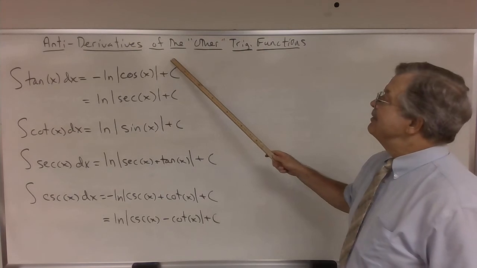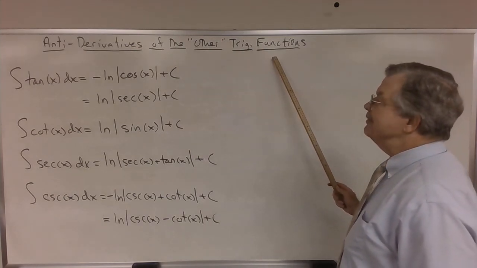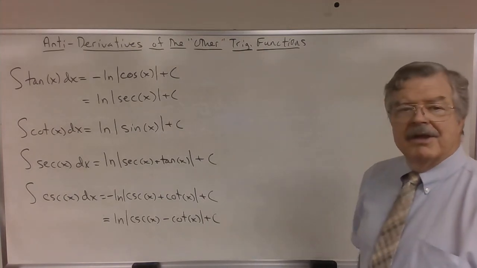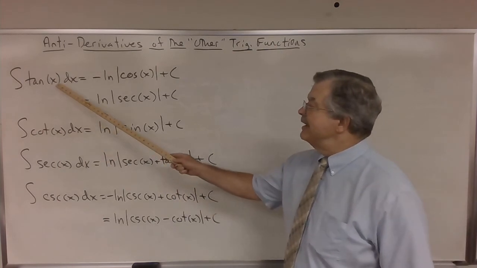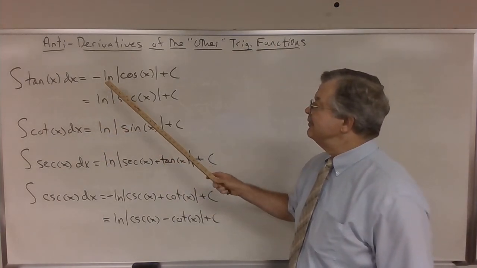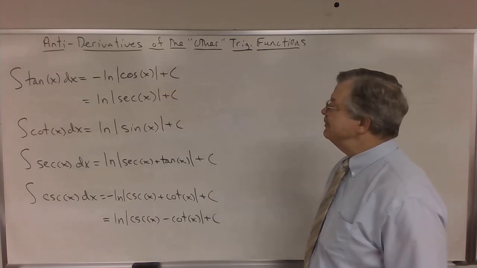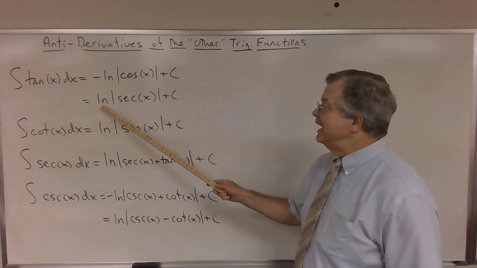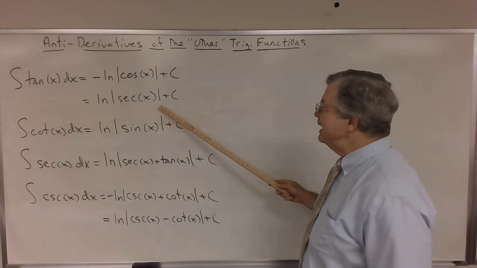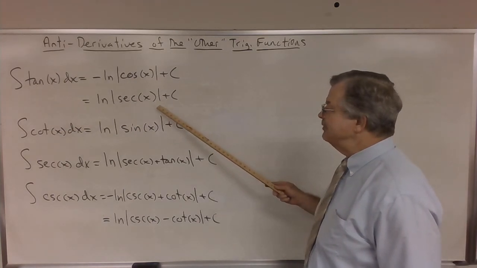Okay, the antiderivatives of the other trig functions. We just found out that the antiderivative of tangent x is negative natural log of cosine of x plus c, which is the same as natural log of secant x plus c, absolute value.